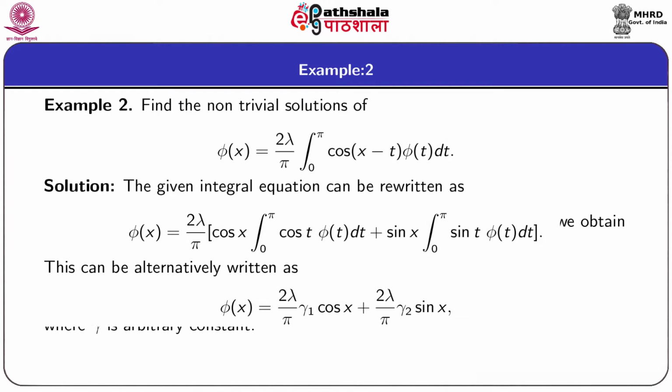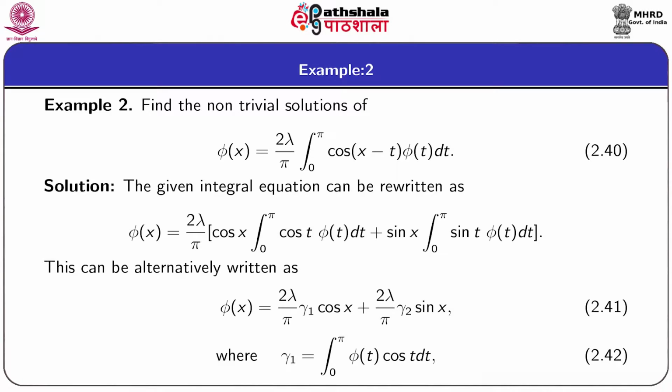Next, we consider example 2. In this example, we are to find out the non-trivial solution of homogeneous Fredholm integral equation of second kind, where the kernel is cos(x minus t) as given by equation 2.40.